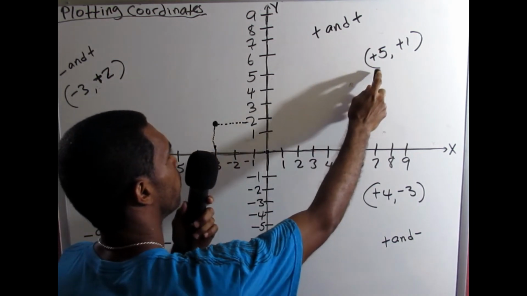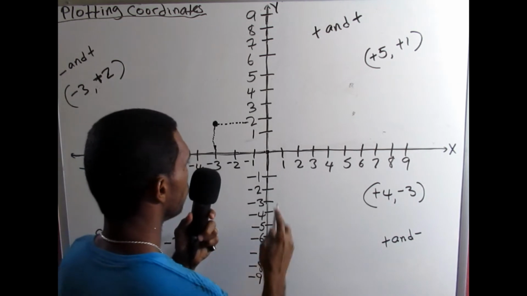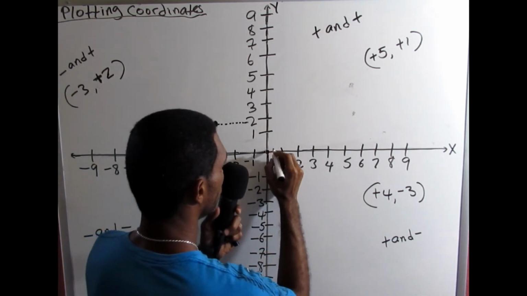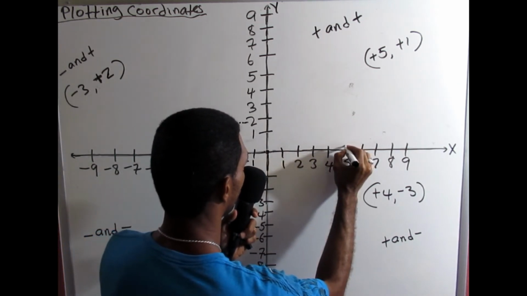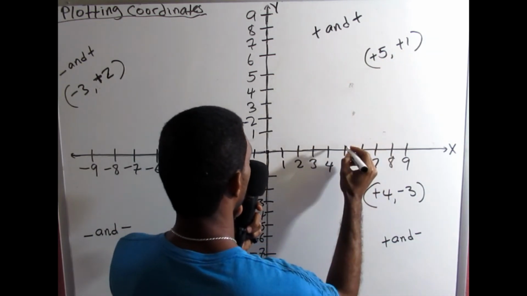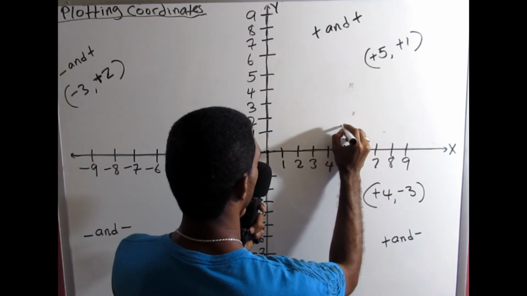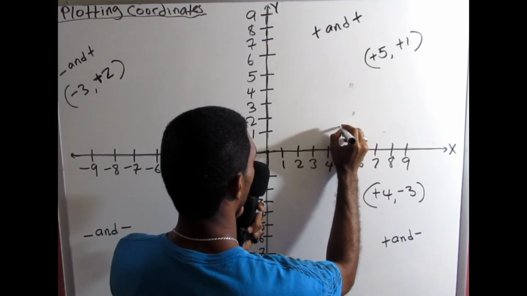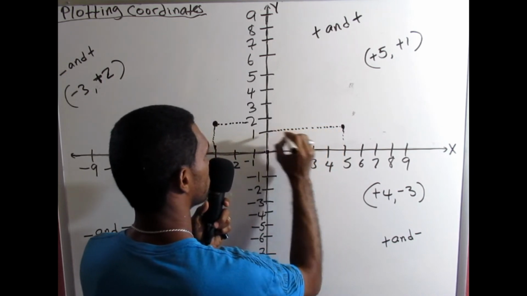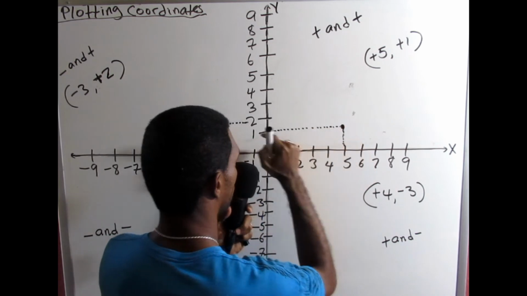Okay, this next one, we want to plot positive 5, positive 1. So the first thing we want to do, we want to locate on your x-axis positive 5. We found positive 5 here. So positive 5, positive 1. So we want to locate positive 1. And positive 1 is around here. So we put our plot. So this is positive 5, positive 1.